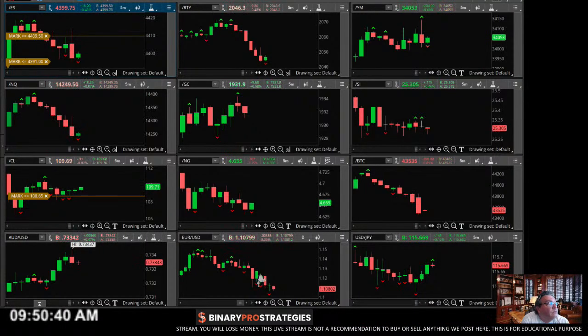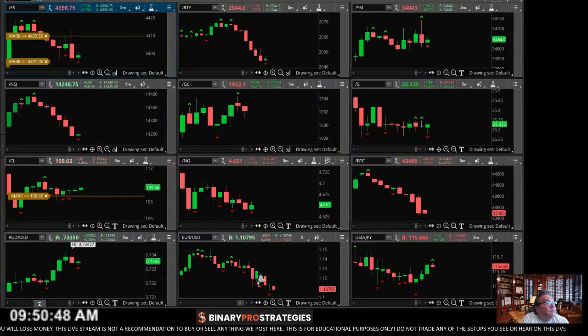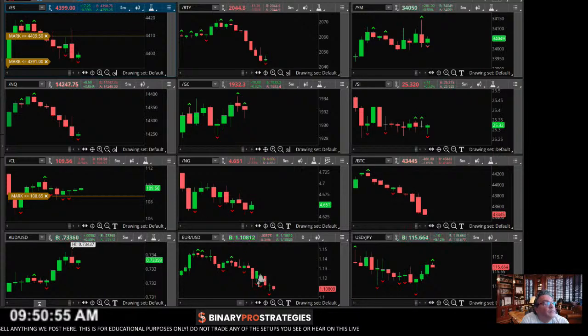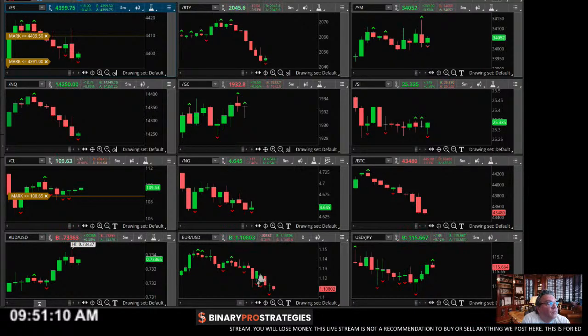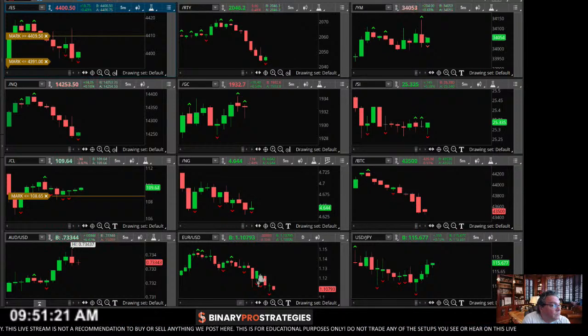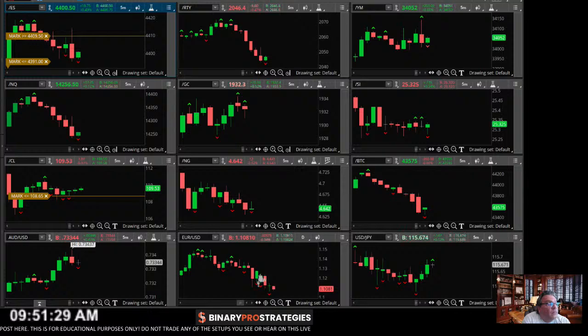Reverse buy. All right, just went long on the crude oil, reversed and went long. Target on the crude is going to be 109.88.